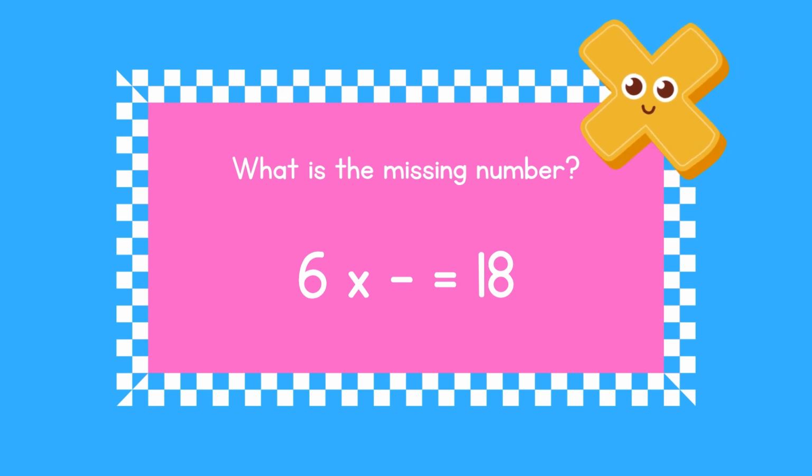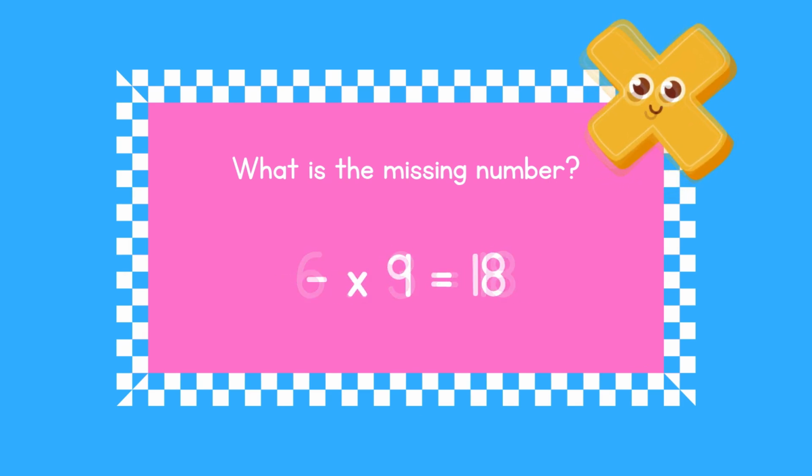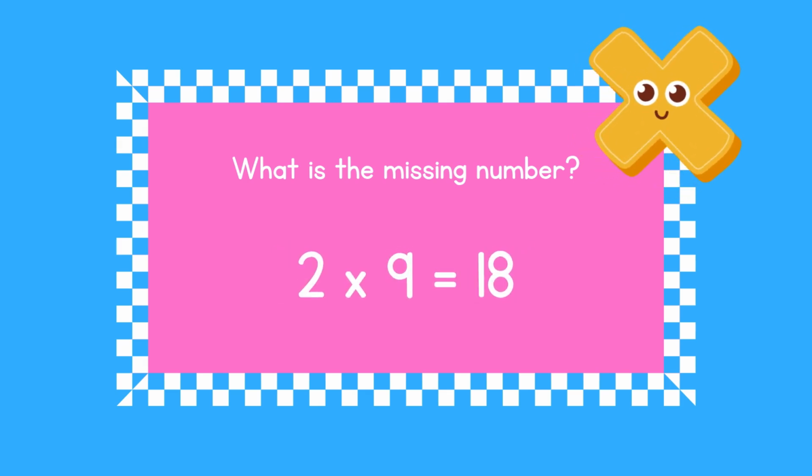Find the missing number. Six multiplied by 3 is 18. Find the missing number. Two multiplied by 9 is 18.